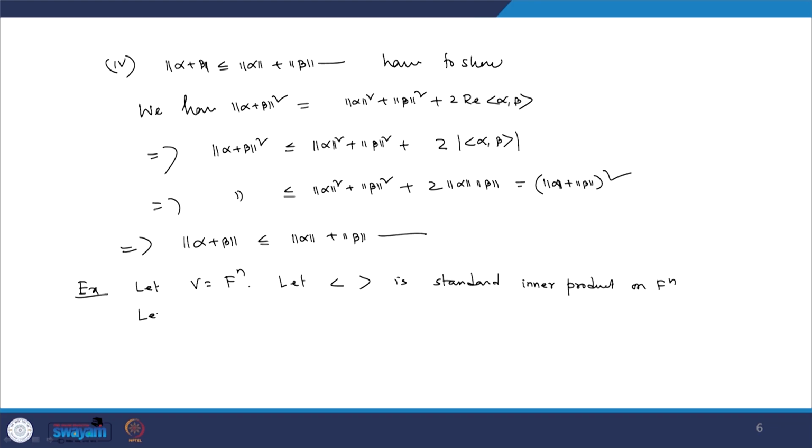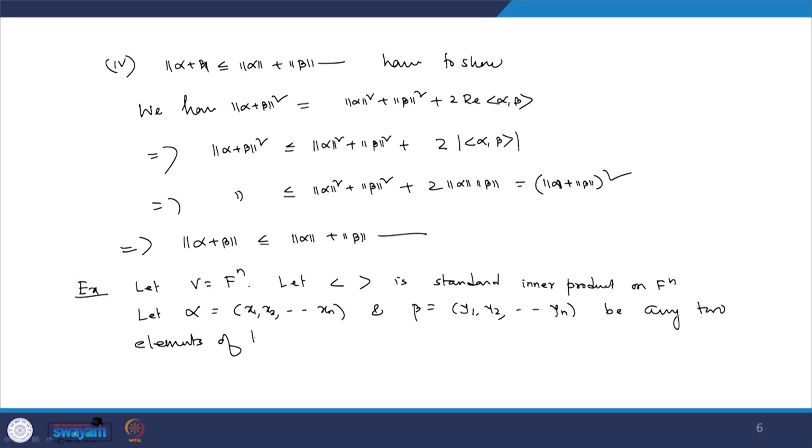Let alpha equal x1, x2, ..., xn and beta equal y1, y2, ..., yn be any two elements of V equal to Fn.